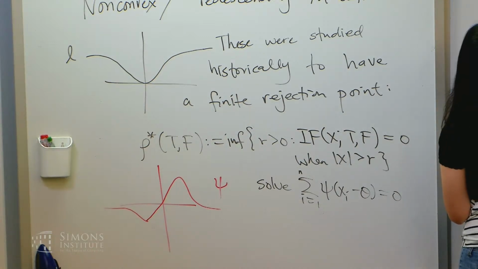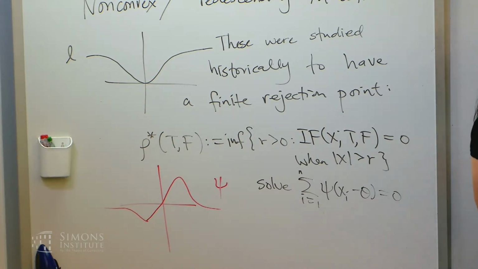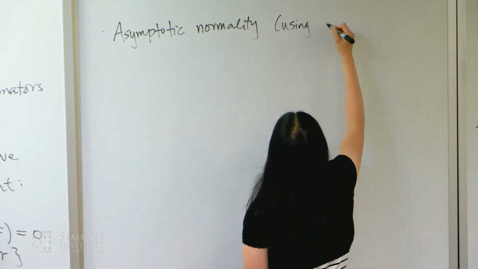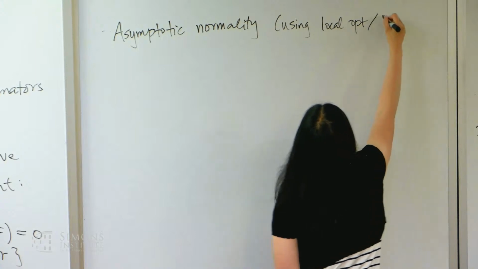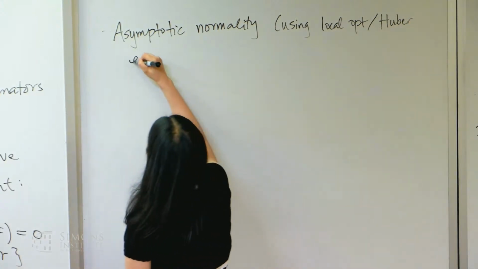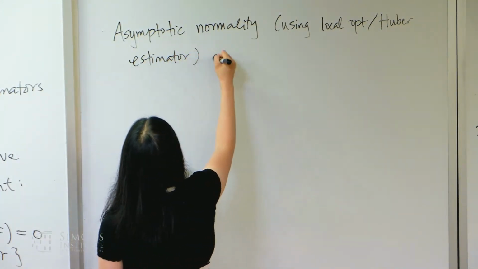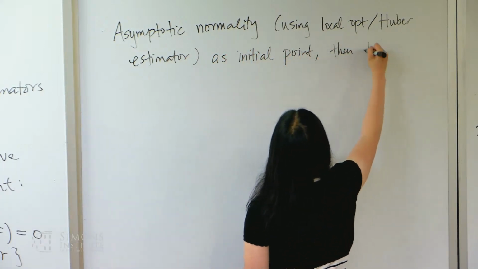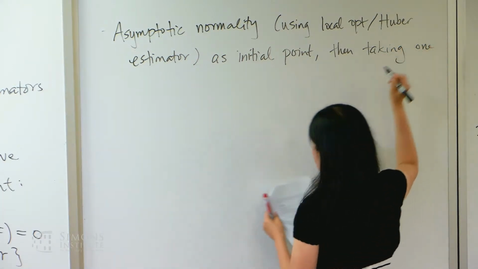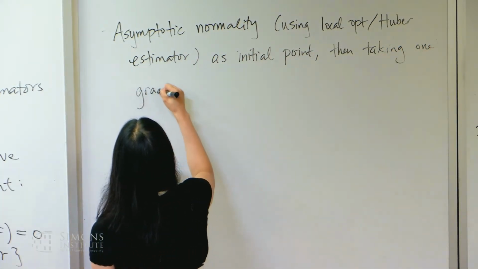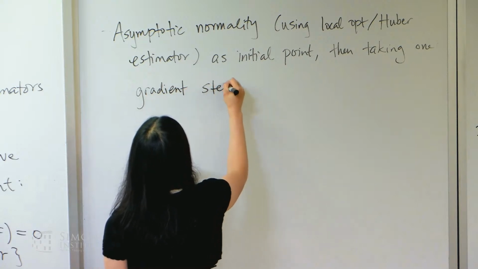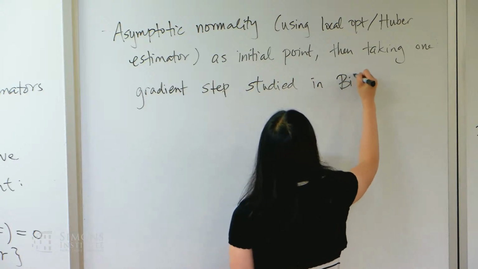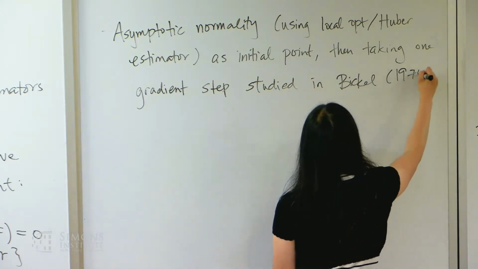So asymptotic normality, let's say using a local optimum or even a Huber estimator as initial point, then taking one gradient step, was studied in a paper by Bickel in 1975.